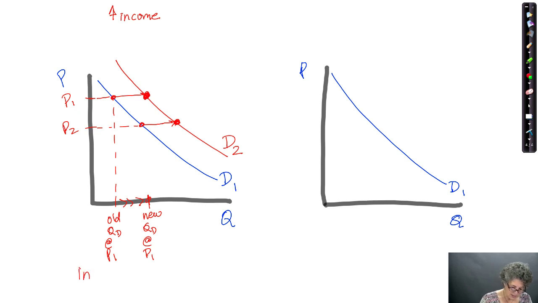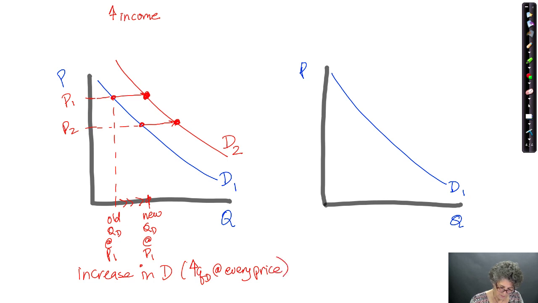We refer to this as an increase in demand, and we call it an increase in demand because there's an increase in the quantity demanded at every possible price. So an increase in income is one of our demand shifters, and it shifts the demand curve to the right. Similarly, a decrease in income has the opposite effect.